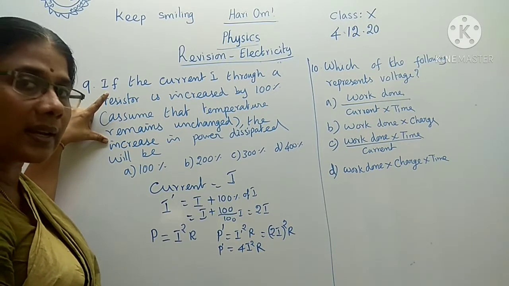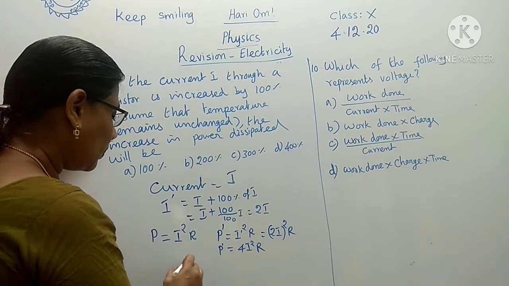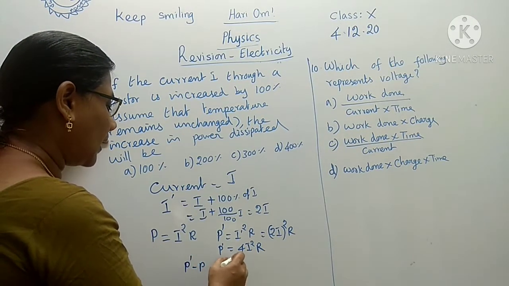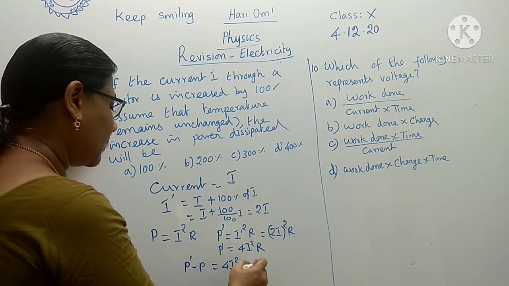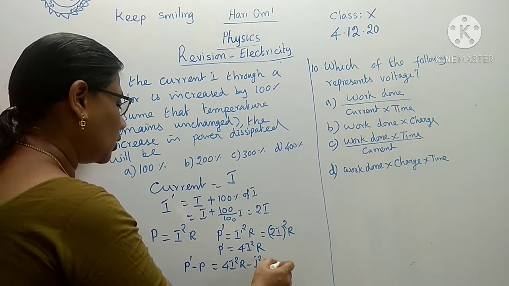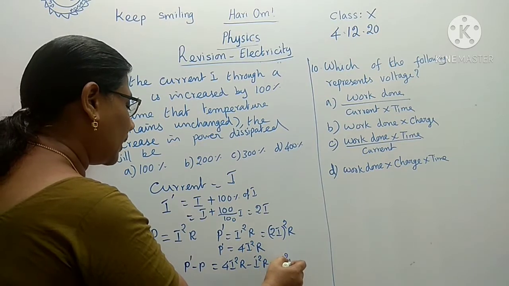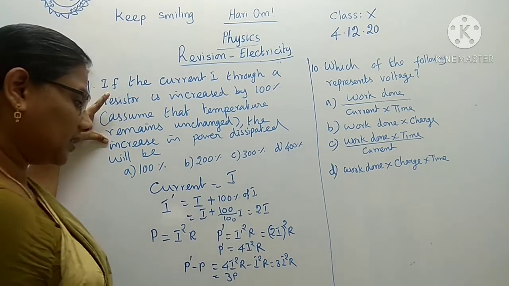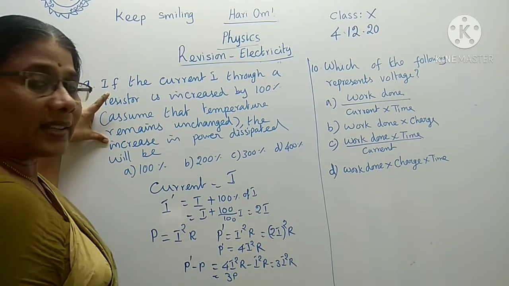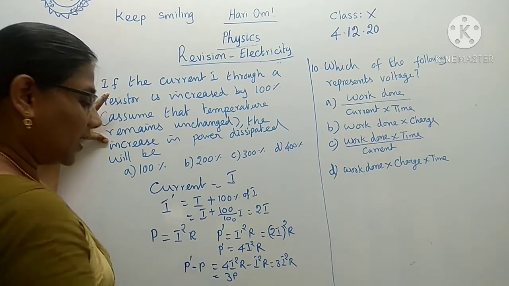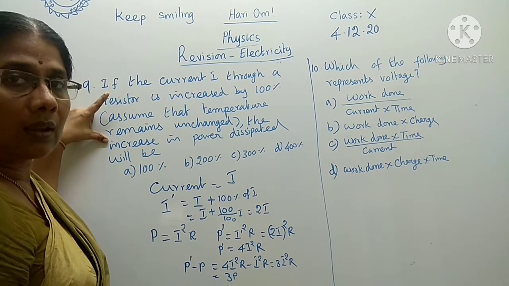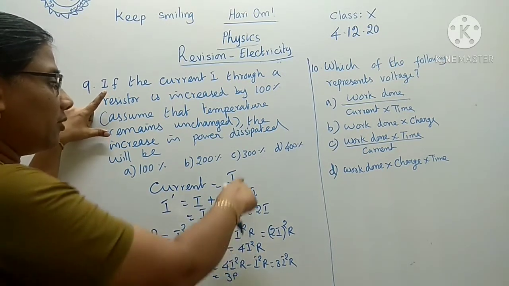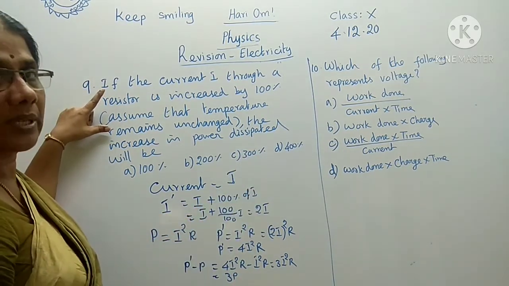So P dash minus P is equal to 4I squared R minus I squared R, so you get 3I squared R, or we can write 3P. So the increase in power is 3P, or in terms of percentage, it will be 300%.